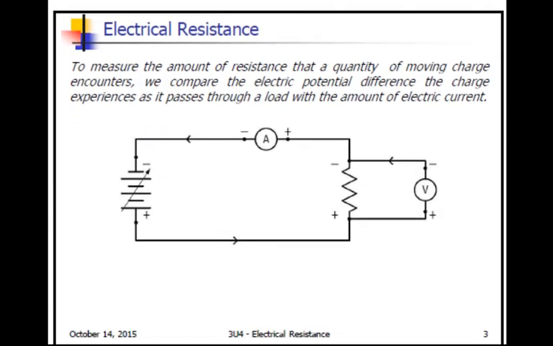We can measure the amount of resistance. To measure the amount of resistance that a quantity of moving charge encounters, we can compare the electric potential difference the charge experiences as it passes through a load to the amount of electric current. So there is a relationship between the electric current and the voltage drop across a resistor.